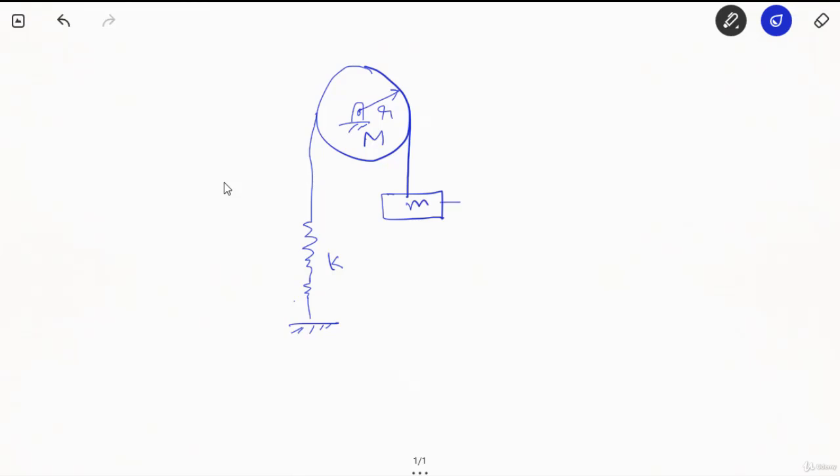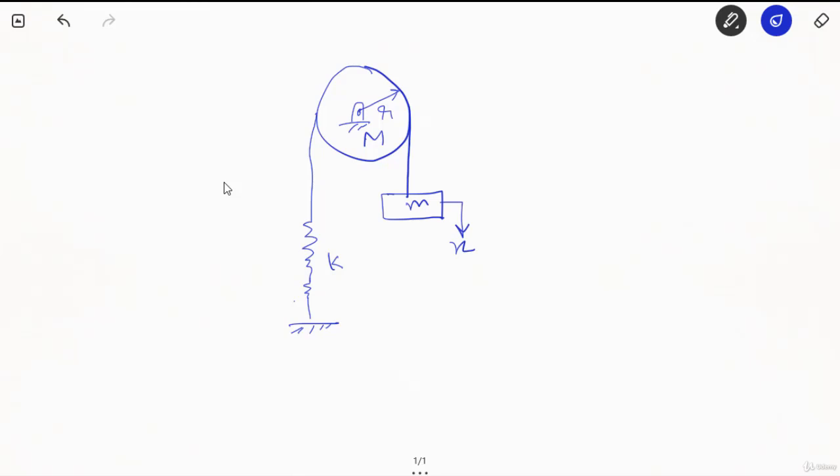Now, a similar situation, a deflection of x is given. This again can be done by Newton's second law, but the convenient method in this case is the energy method.